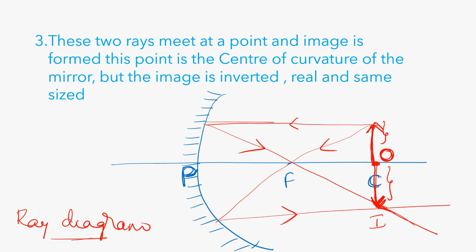When the object is placed at C, image formed at C, only C itself, and inverted image. The image is real, inverted and the same size and formed at C itself. Okay. Thanks for watching this video.